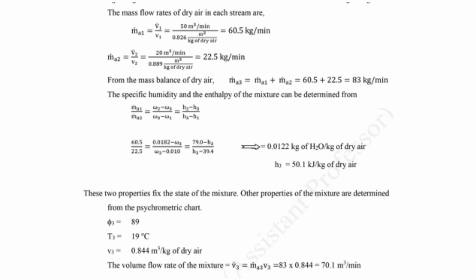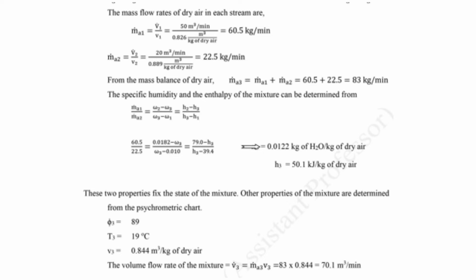The mass flow rates of dry air in each stream at the initial condition: m_a1 is V1 divided by nu1, equal to 50 cubic meters per minute divided by 0.826 cubic meters per kilogram of dry air.